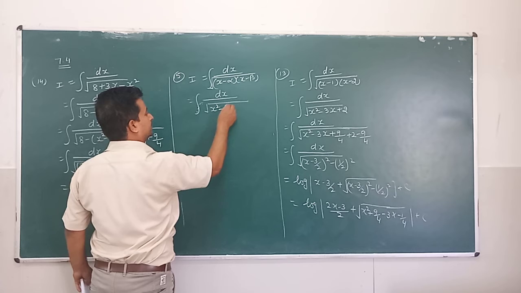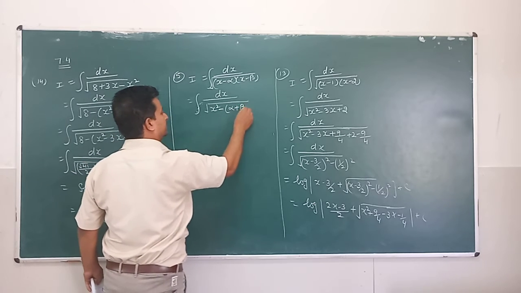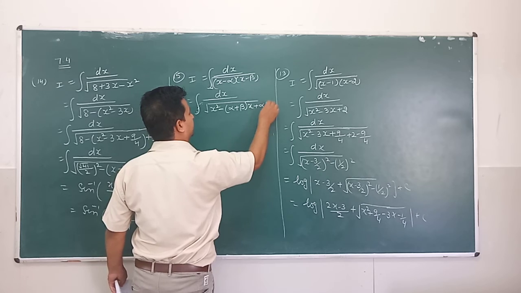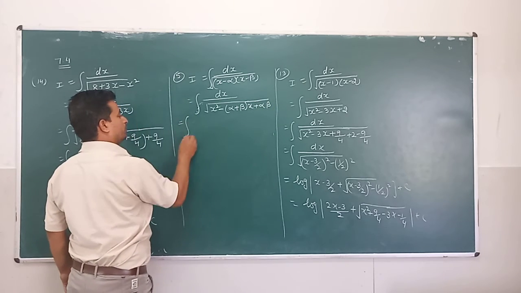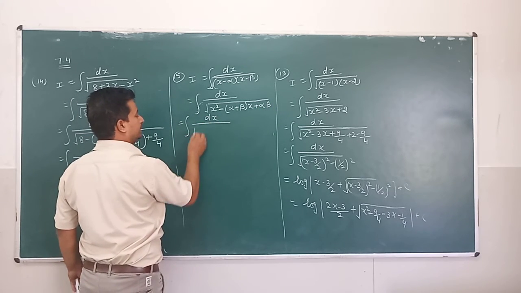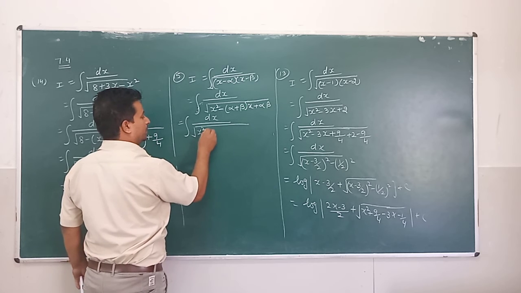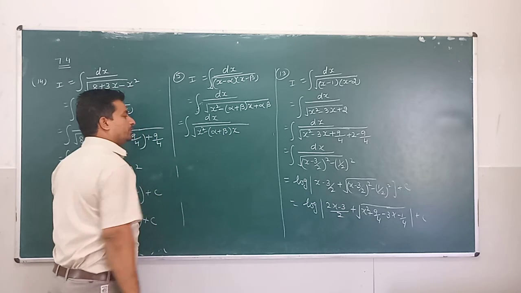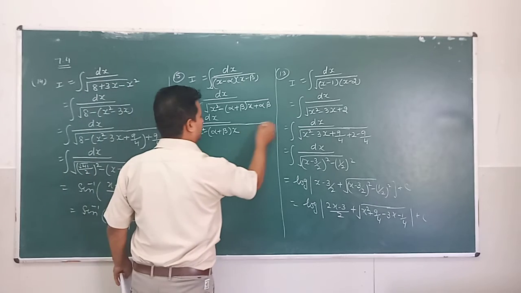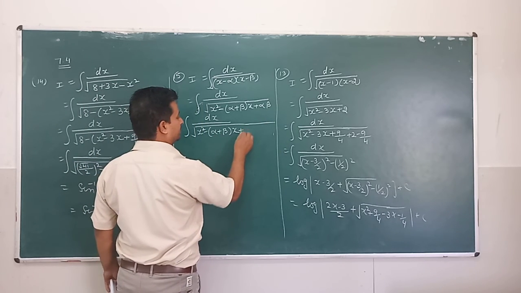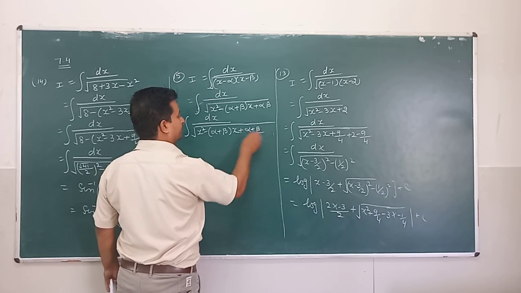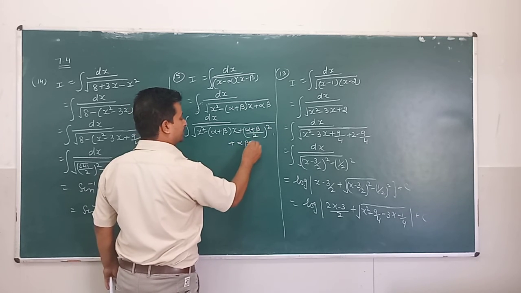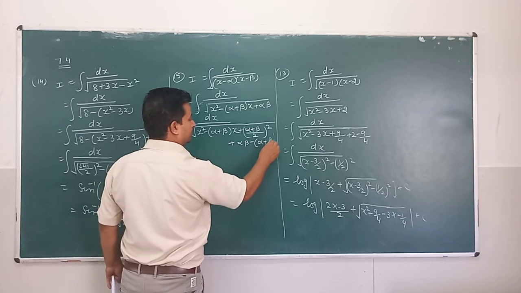This is x square, this is minus alpha plus beta x, and this is alpha into beta. So first of all, completing the square. For completing the square, the coefficient of x is alpha plus beta, its half is alpha plus beta upon 2, and we add its square and also subtract its square.